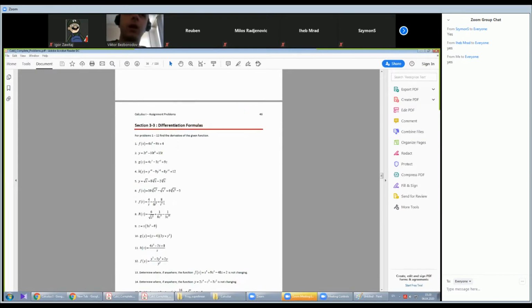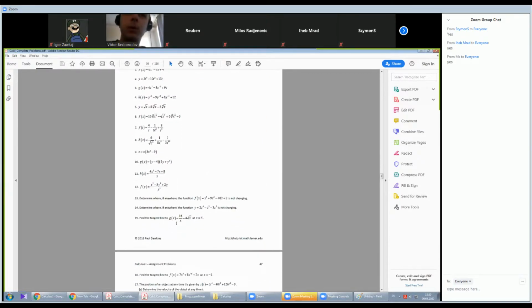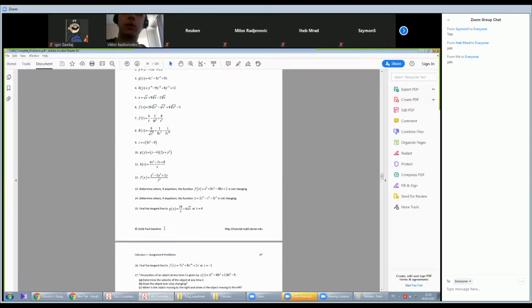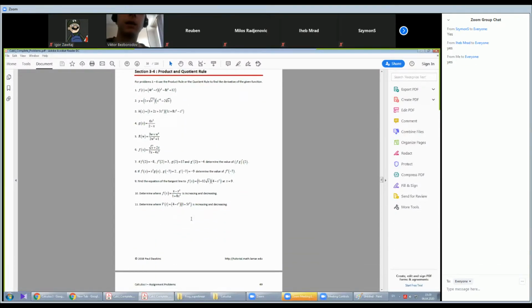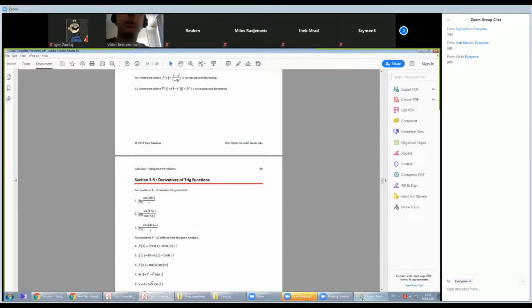computations. Today I will just use Paint as the way to write things. Of course, this is a little bit slow, but maybe it's not so bad. So let's start with this limit, number 2.